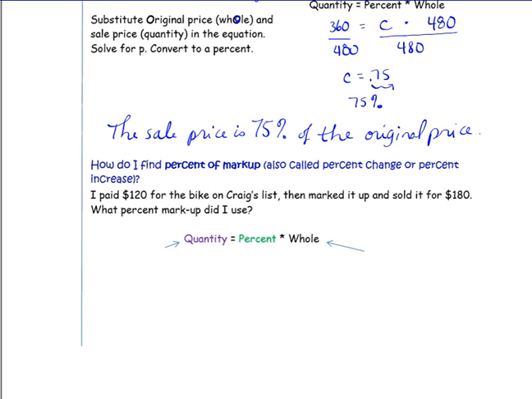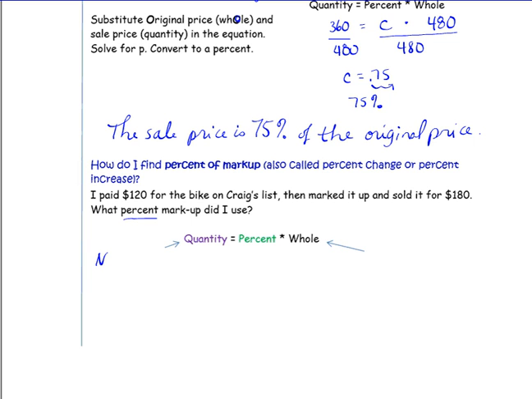Next, how do I find percent of markup, also called the percent change or the percent increase? I paid $120 for a bike on Craigslist, then marked it up and sold it for $180. What percent markup did I use? So we're looking for a percent here, not a dollar amount. In this case, the quantity is found by subtracting the original amount from the new amount.